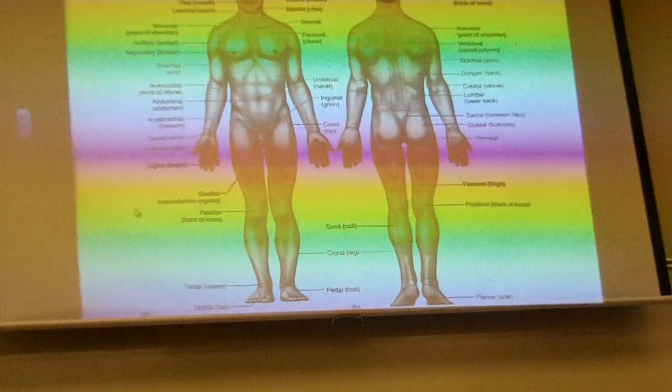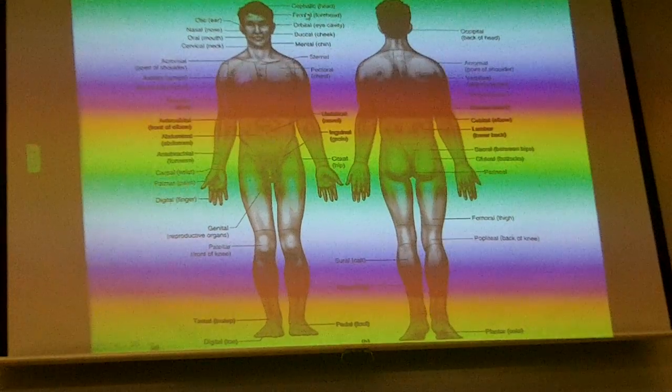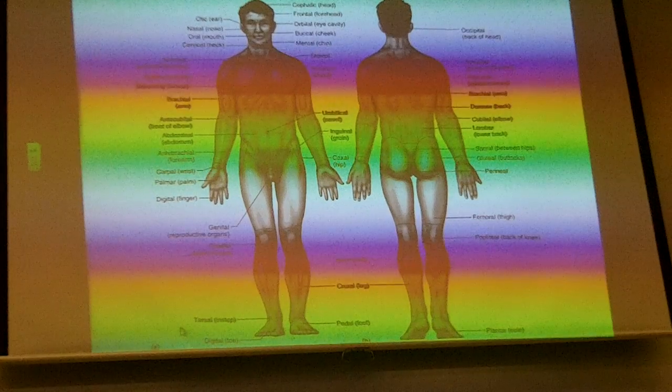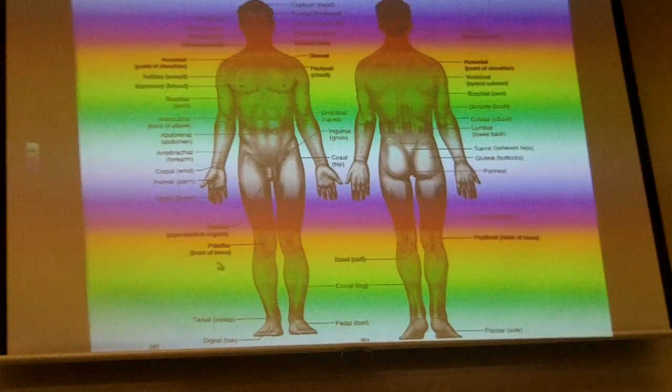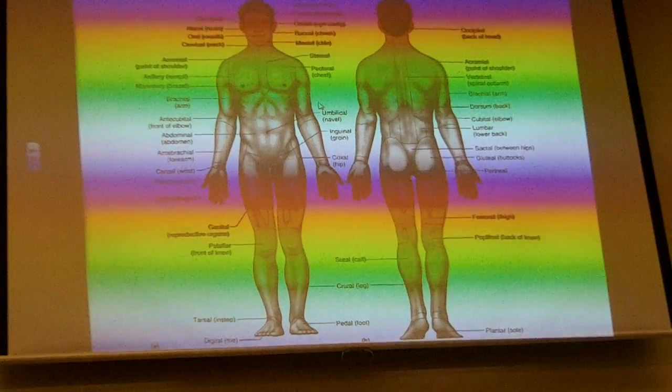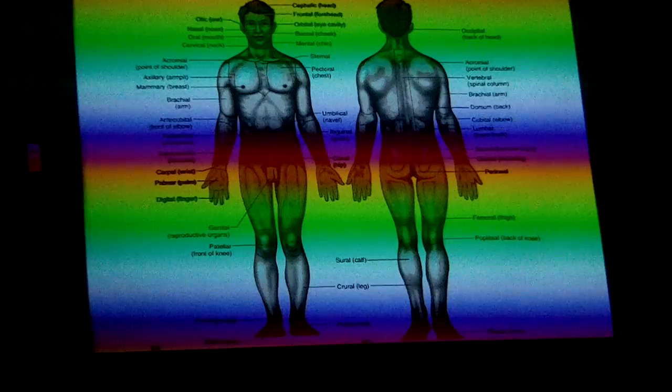Okay, so this is, we need to go over all these parts, and it's a lot of IDs that you're going to have to do for me. And so I want you to pay good attention here to the pronunciation of these things.